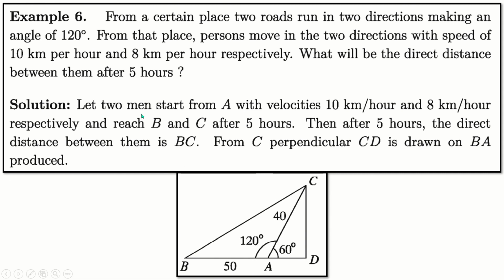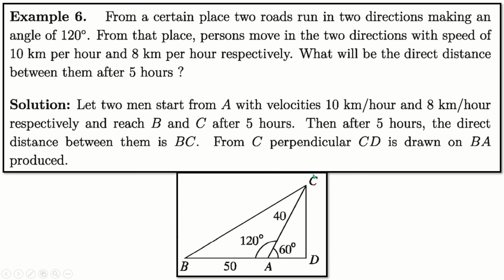Solution. Let two men start from A with velocities 10 km per hour and 8 km per hour respectively, and reach B and C after 5 hours. Then after 5 hours, the direct distance between them will be BC.